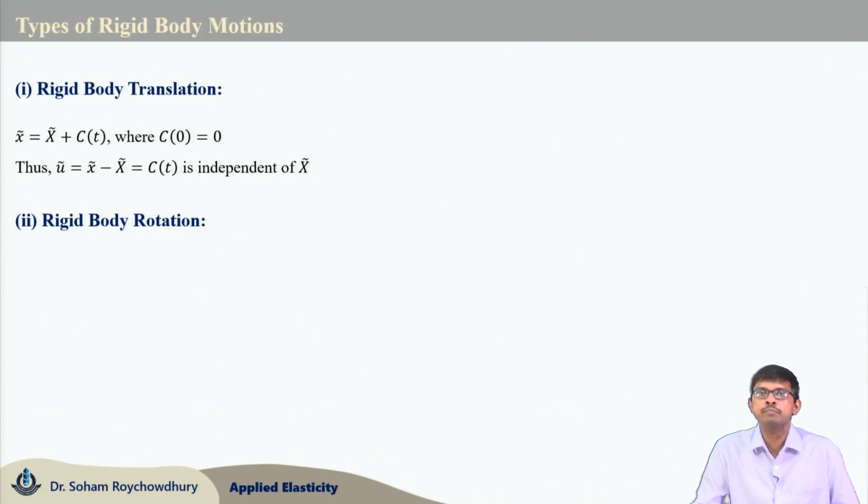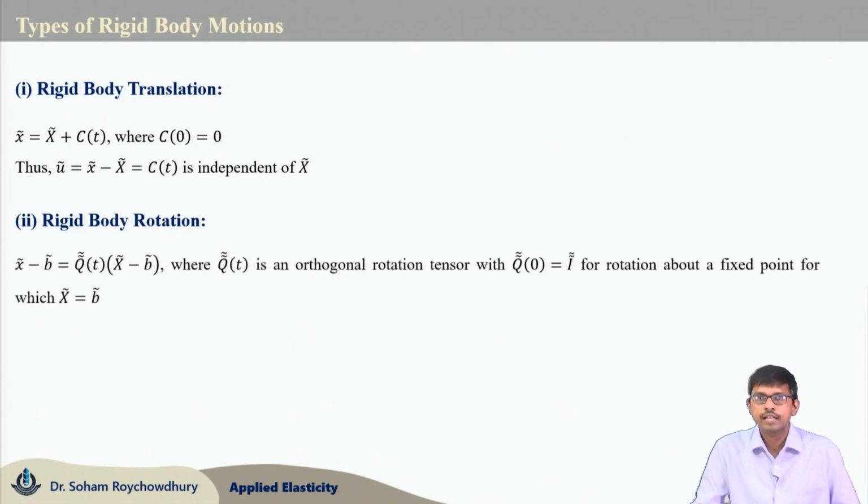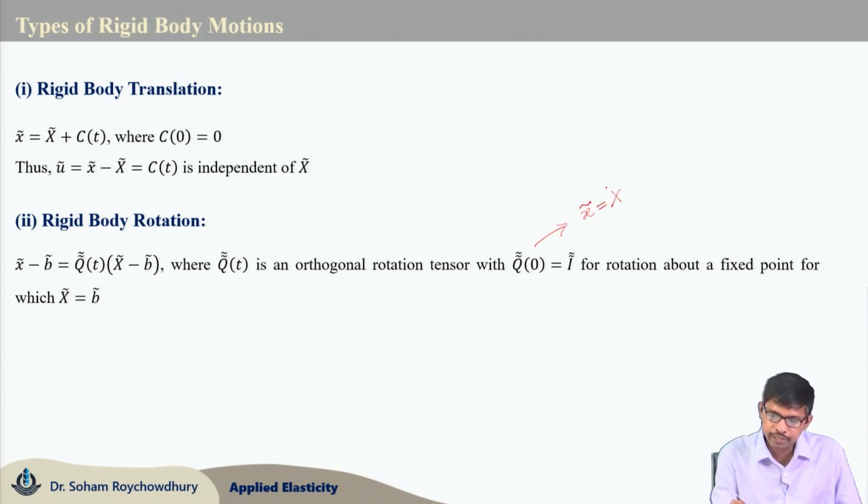Now coming to the next type of motion, rigid body rotation. Here the relation between small x and capital X is like small x vector minus b vector equals Q times (capital X minus b), where Q is an orthogonal tensor referring to the rotation, and at time t equals 0, Q(0) should be I. So, with Q(0) being I, this would result in small x equal to capital X at t equals 0.